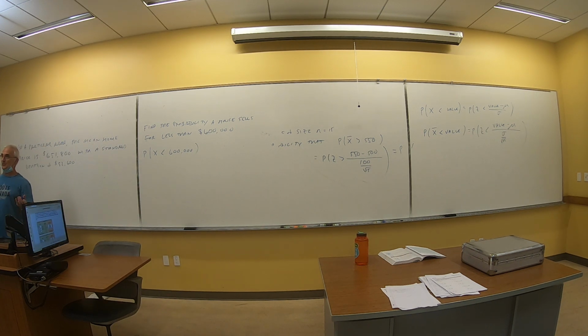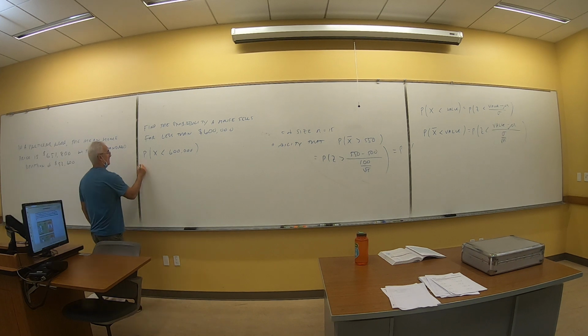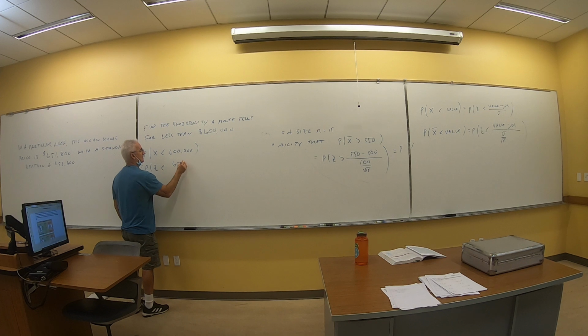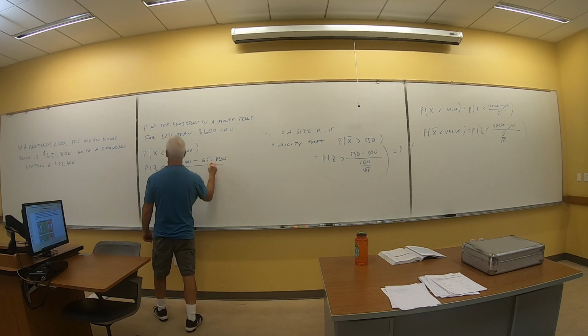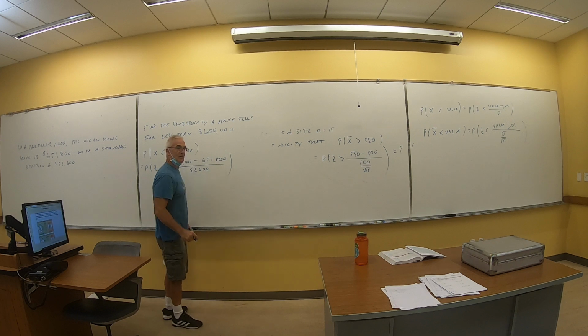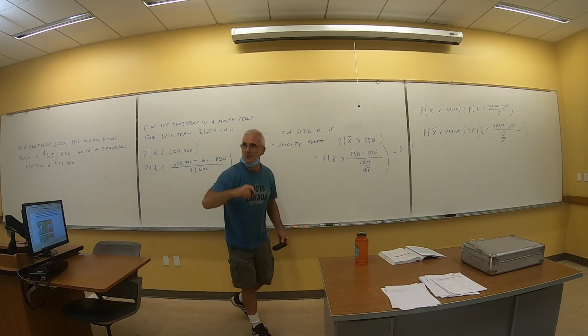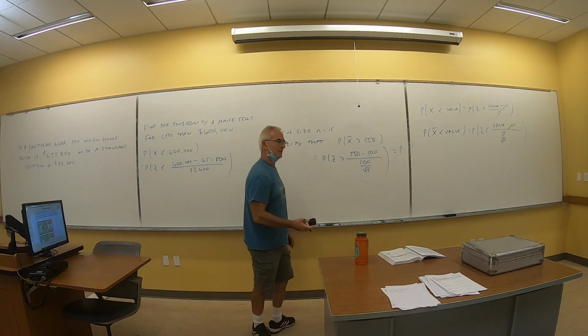I have to convert this to a z-score, obviously. So it's the probability that z is less than (600,000 minus 651,800) divided by 52,600. This is one house. If you want to write over the square root of 1, that's okay. I just think it's overkill.